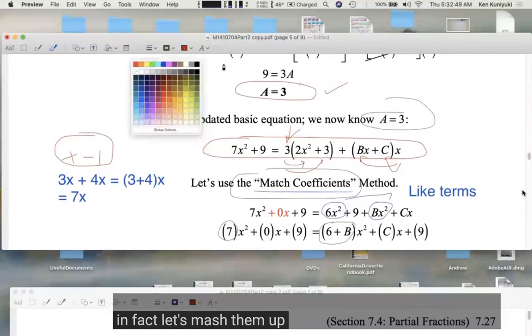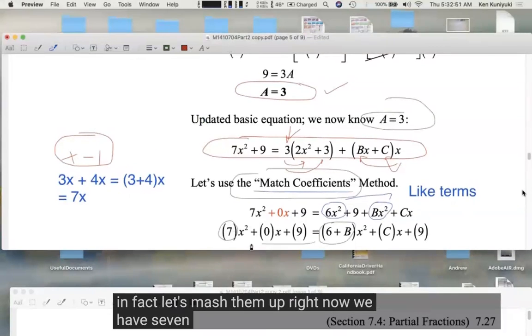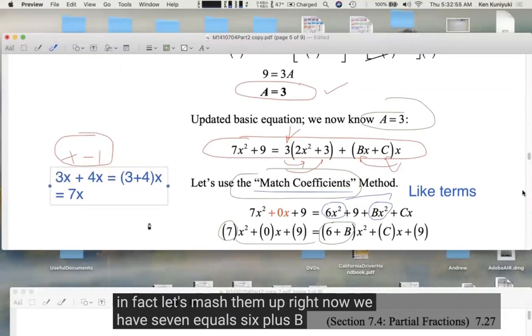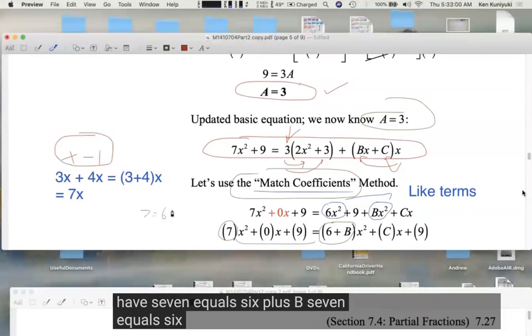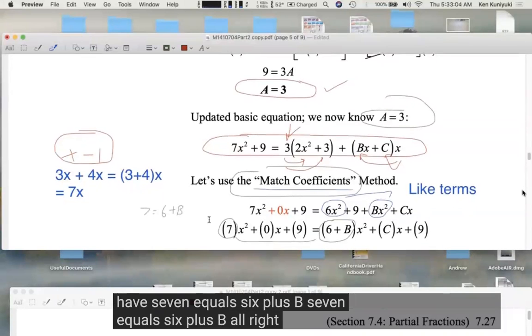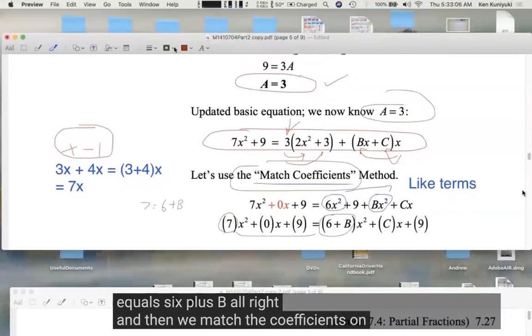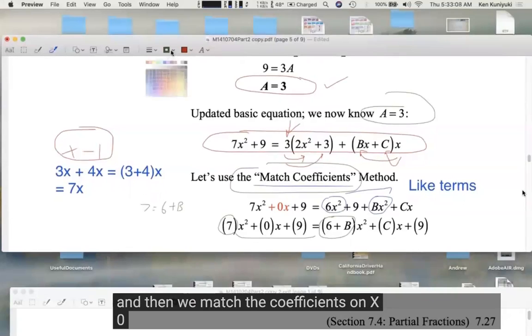In fact, let's match them up right now. We have 7 equals 6 plus b. 7 equals 6 plus b, all right? And then we match the coefficients on x. 0 equals c.